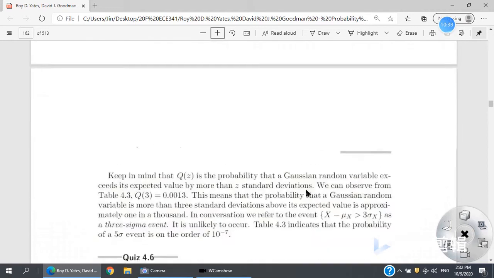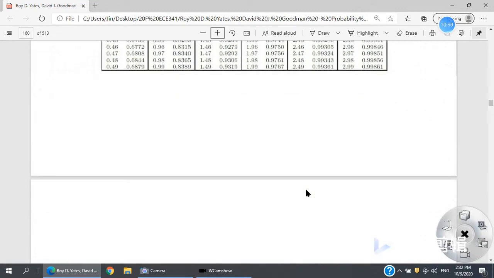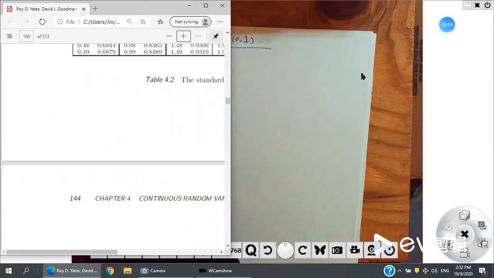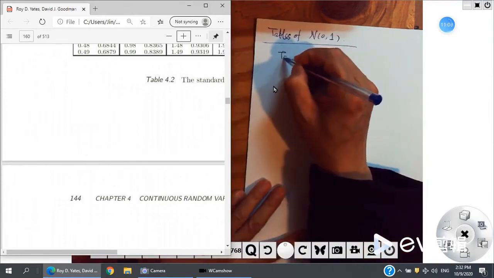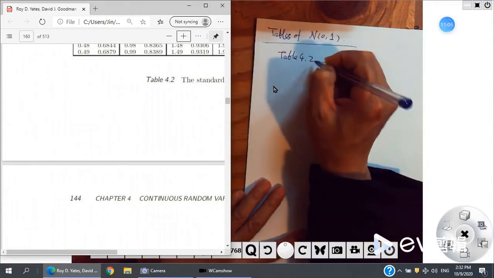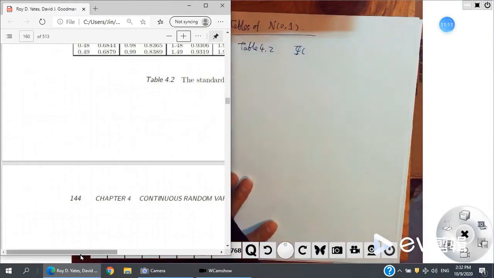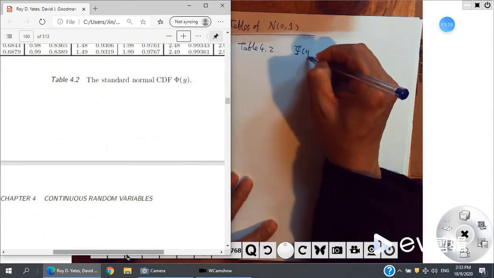The first table, table 4.2. It is about phi of y.